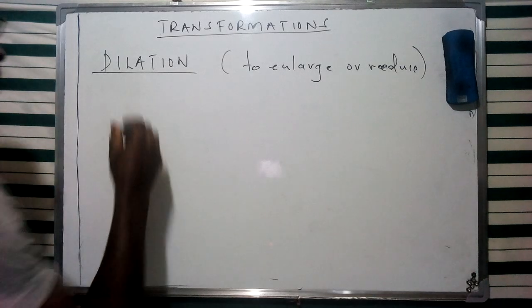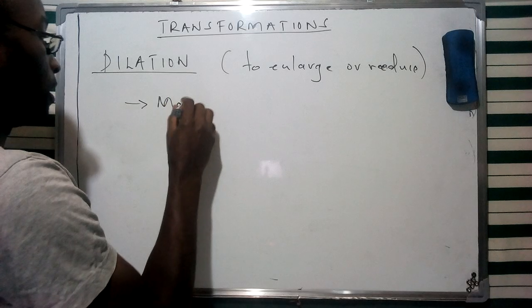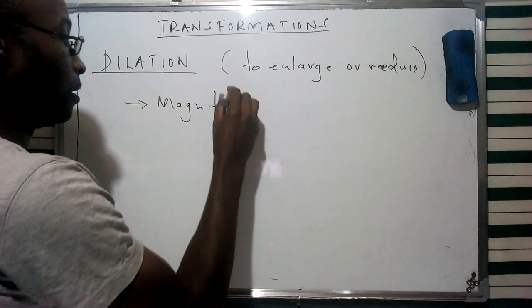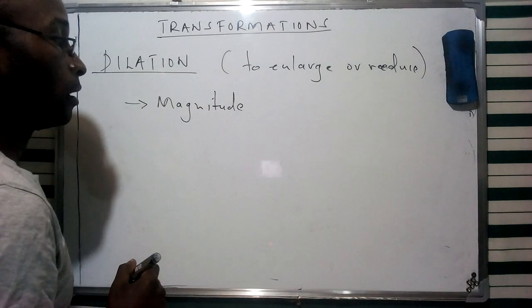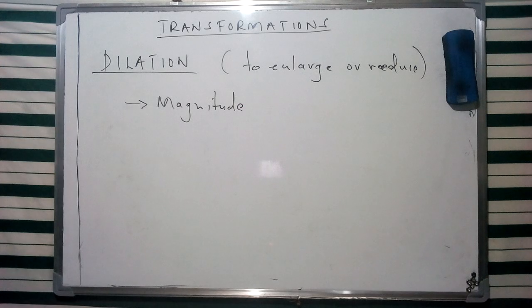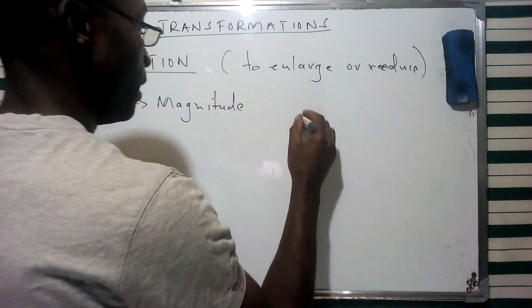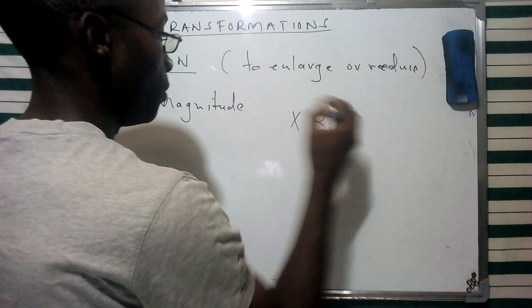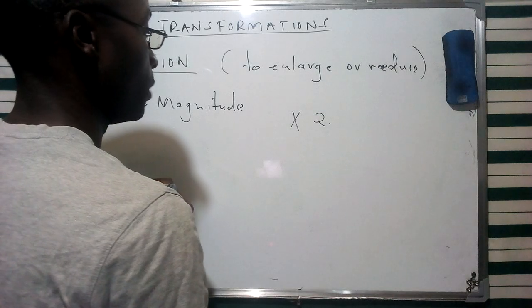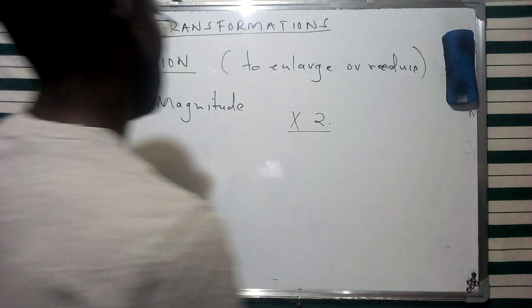We're going to see the aspect of magnitude being employed, which is in terms of quantity. So in case we use numerical figures to describe this aspect of dilation, that implies the concept of magnitude. We can do a dilation of an object with magnitude times 2, which implies that we're going to enlarge that object by this specific factor.